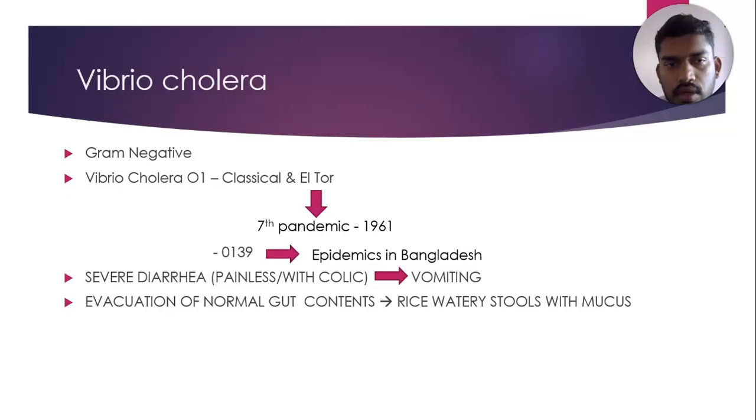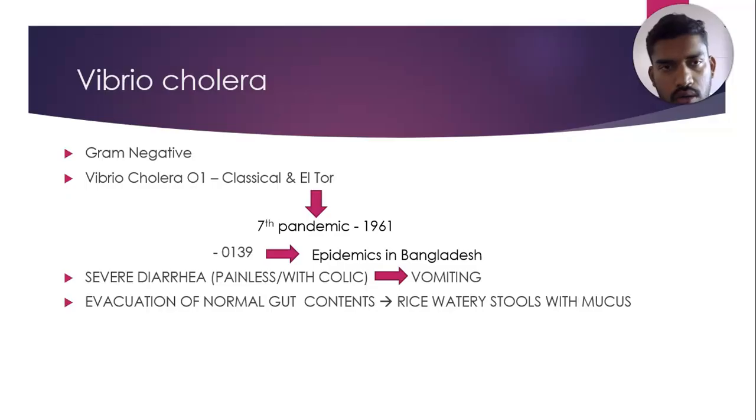You have Vibrio cholerae O1. We have two subtypes, the classical and El Tor variety. The El Tor variety caused the 7th pandemic in 1961, and there is an atypical serotype known as O139 which caused epidemics in Bangladesh. Not much important, may be important in your PSM classes.